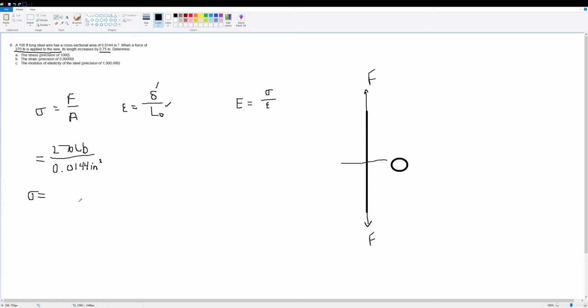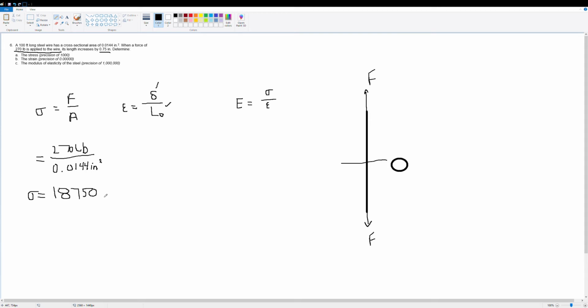So stress is equal to, go ahead and take out your calculator and work this out. I'll give you a minute to try that. And by a minute, I mean a few seconds. Shouldn't take you that long. You have it? All right, it should be 18,750. And again, look at my units here.